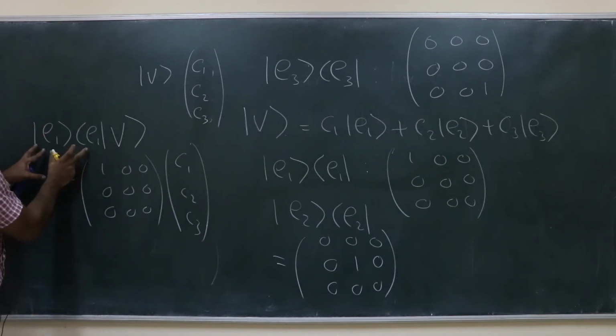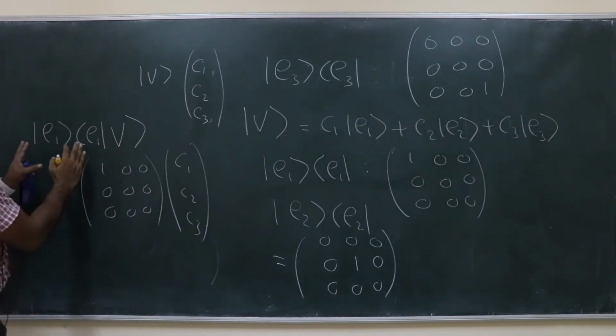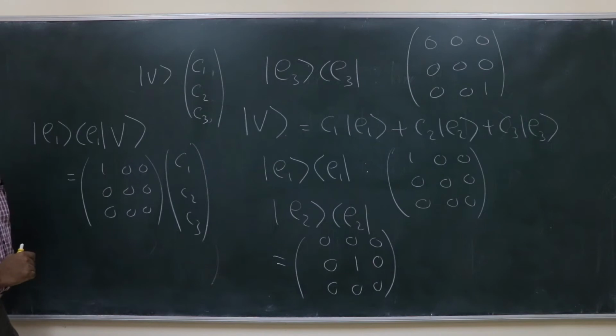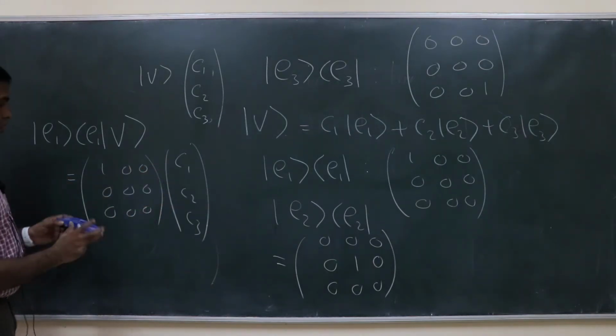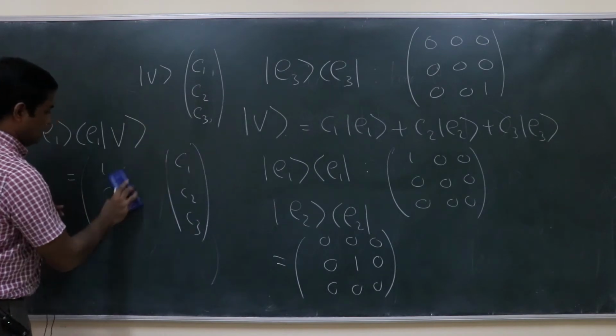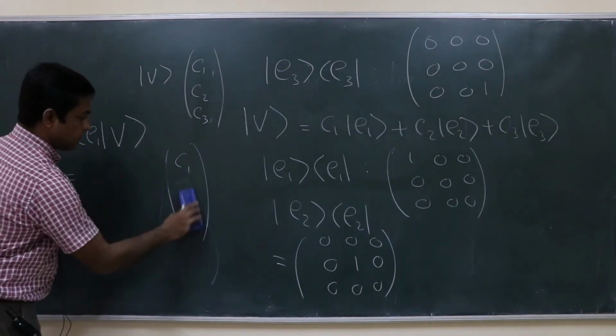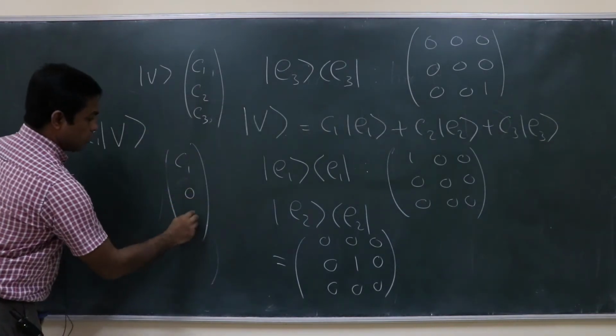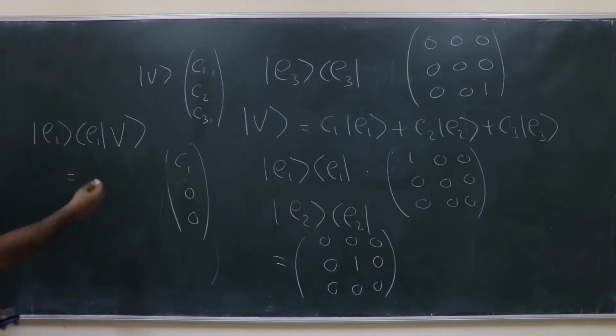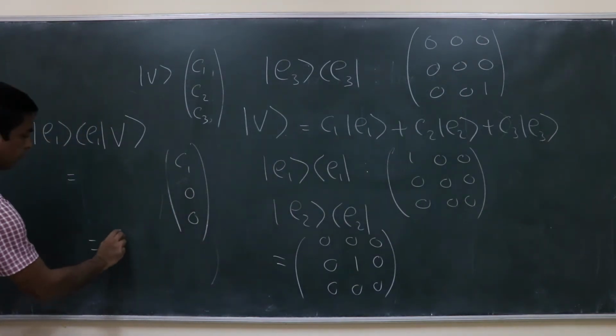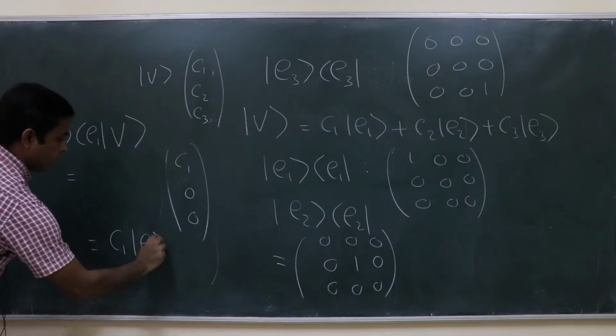So you cannot interchange this and this. So what do you get? C1, 0, 0. But this is nothing but C1 ket E1.